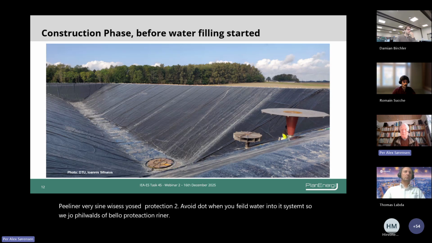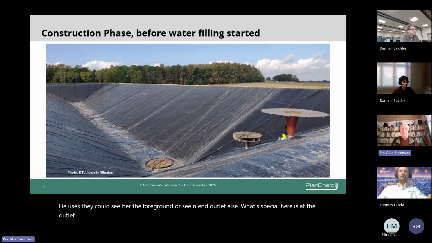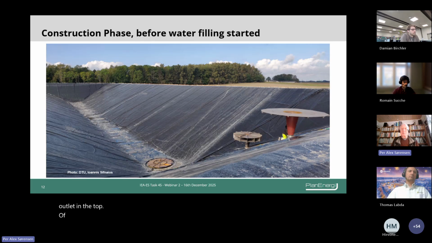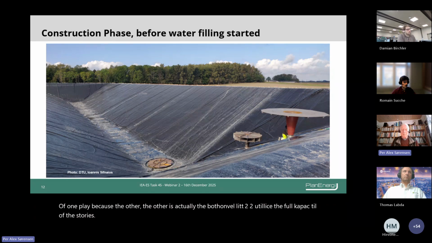And what you can see in the foreground is the inlet and outlet. What's special here is that the outlet in the top is only with one plate, because the other plate is actually the bottom of the lid, to utilize the full capacity of the storage. And the same system is in the bottom.